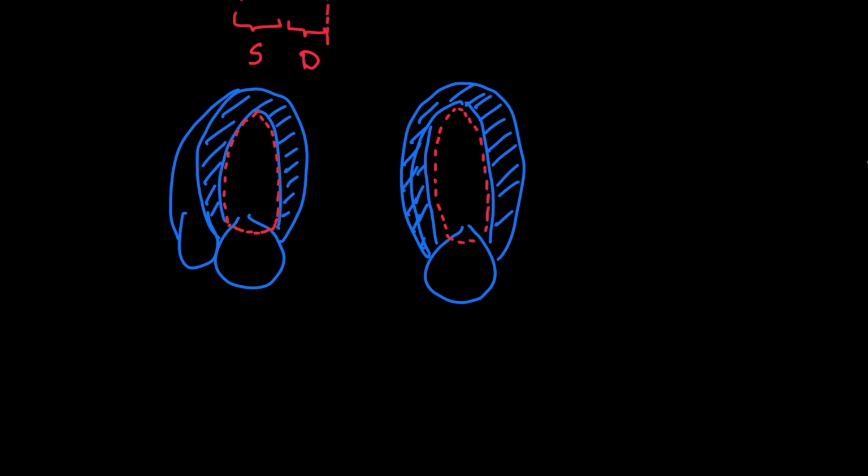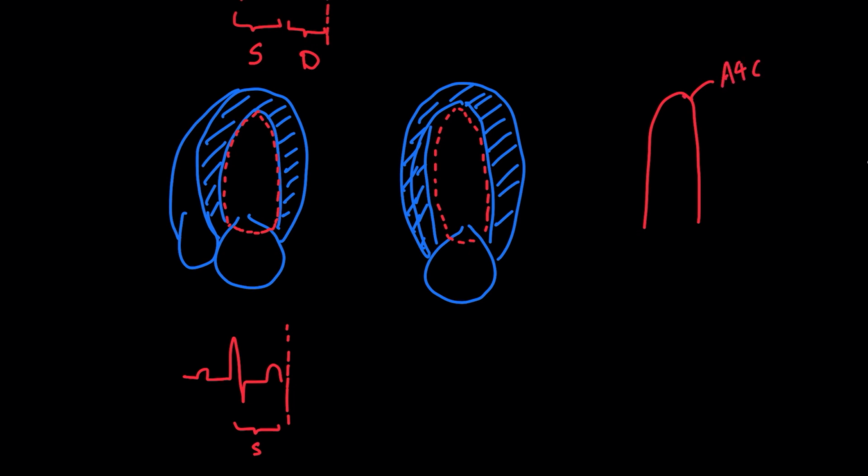For consistency, let me draw the ECG down here. QRS-T, we're going to stop right here because we are stopping right at the end of systole, right when the heart has pumped out as much of the blood as it can. And if I draw those arcs over here, this is what we get from our apical four-chamber view. And something like that is what we would get from our two-chamber view.